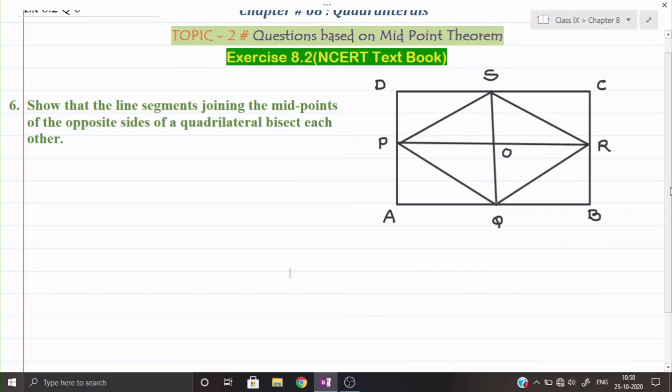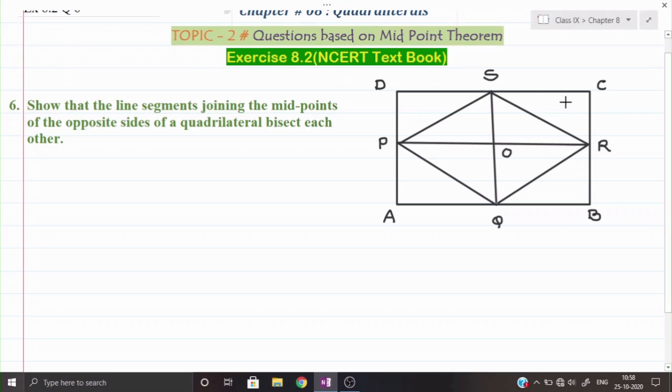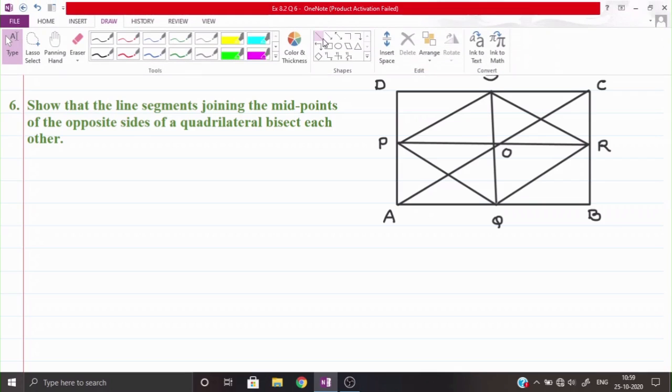Now for PQRS to become a parallelogram, you need to draw a line from A to C also, because without drawing a diagonal you will not be able to prove it. Suppose I draw a line A to C, it may not pass through O, so I am taking it a little lesser than O. This line can be drawn as a dotted one because it is a part of the construction.